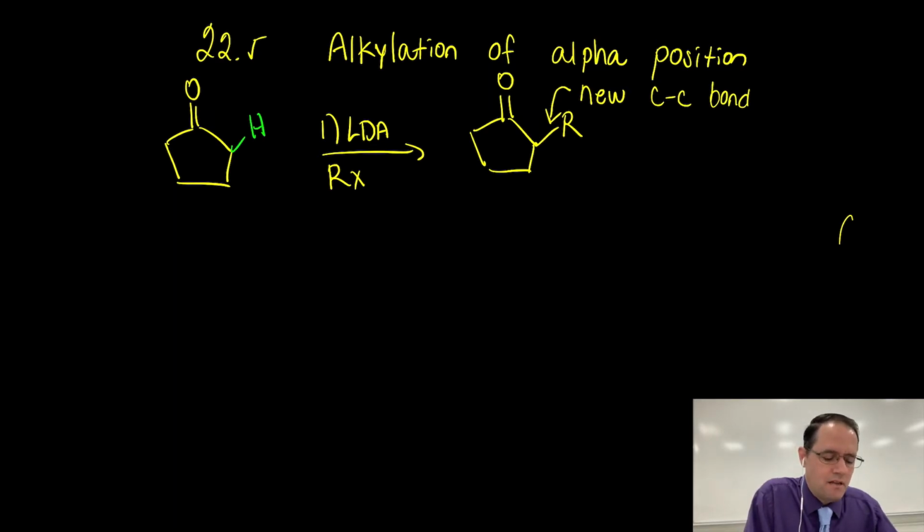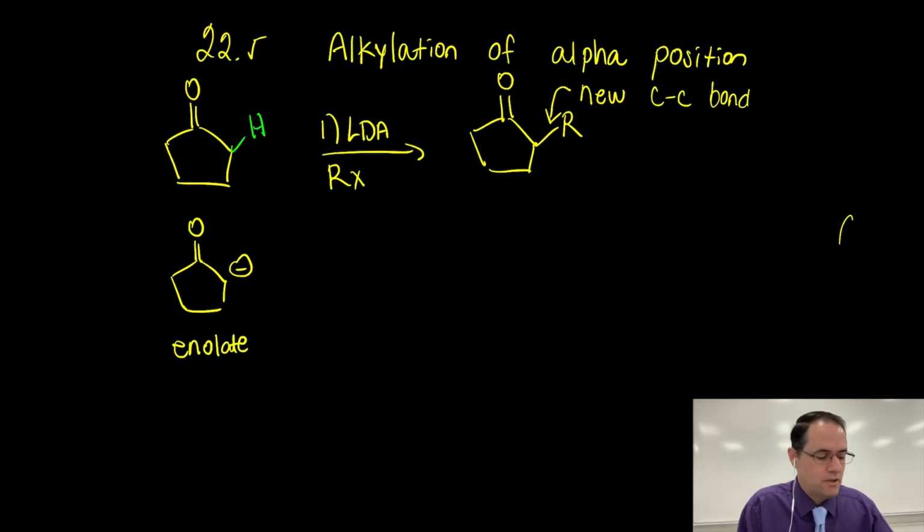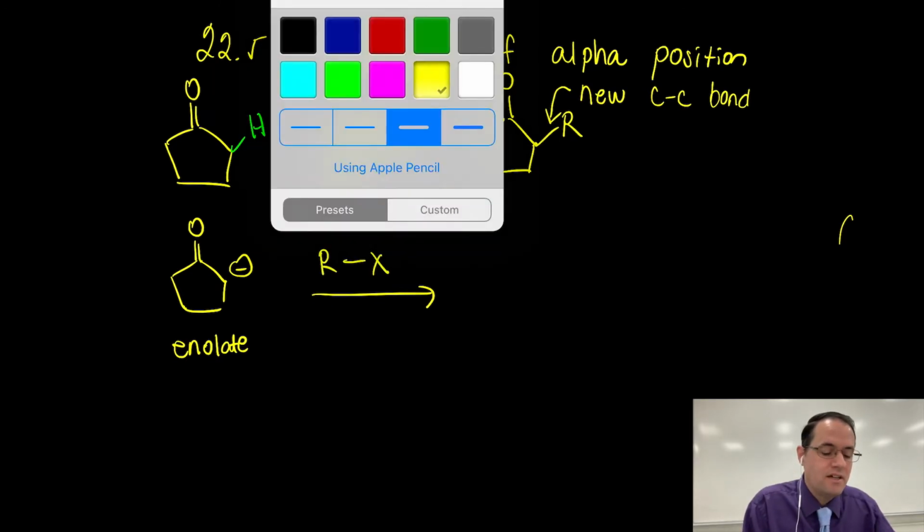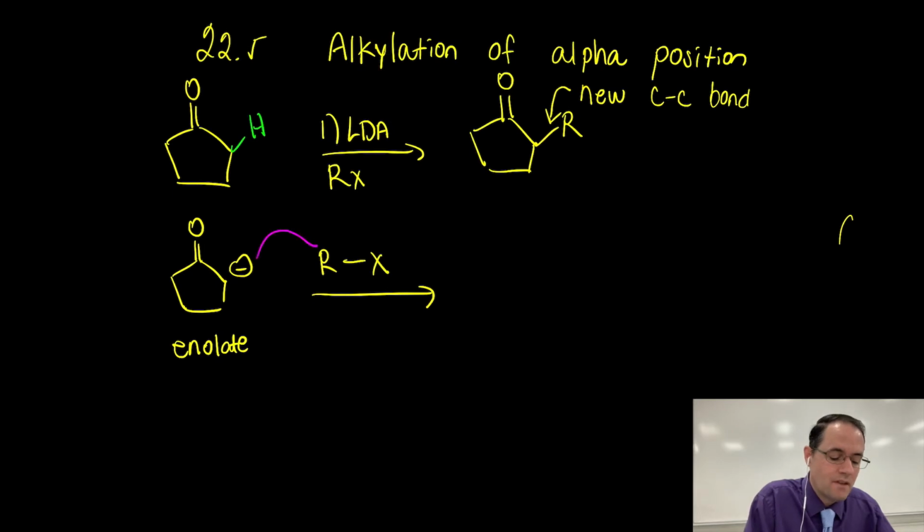So keep in mind that this reaction is an SN2 reaction. The enolate here is a carbon-centered enolate, and the carbon acts as the nucleophile. And you're going to attack the primary or secondary alkyl group, okay? The carbon that's being attacked cannot be tertiary, okay?